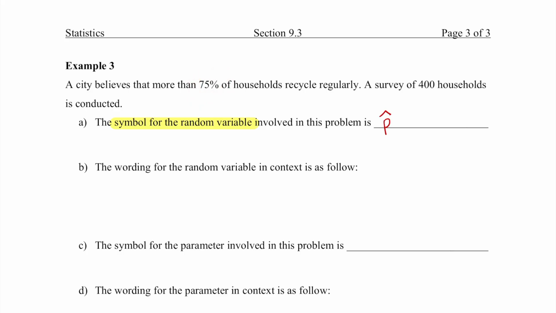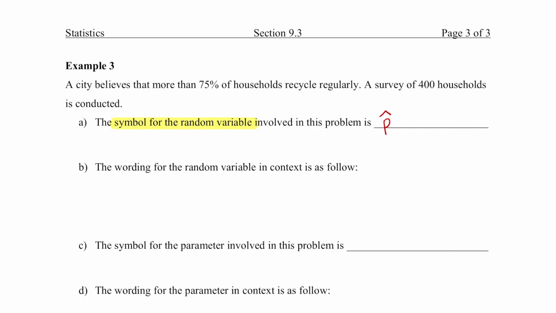You might be wondering why we use p hat instead of p. Remember from chapter 7, we learned about sampling distributions. When we take many random samples, each sample has its own sample proportion, or p hat. Since p hat changes from one random sample to another, it is a random variable.